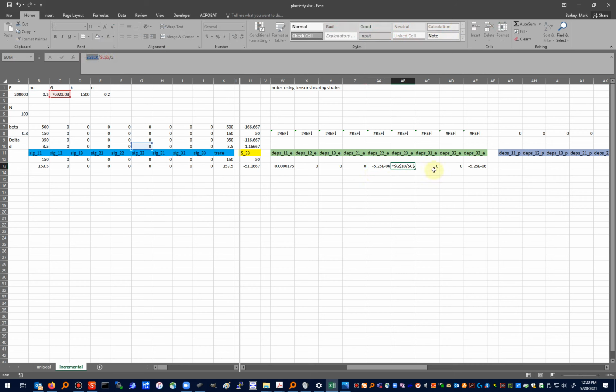That's something that I recently learned from one of my students. Now, if you're not using fixed incrementation, you have to be a little more careful here.